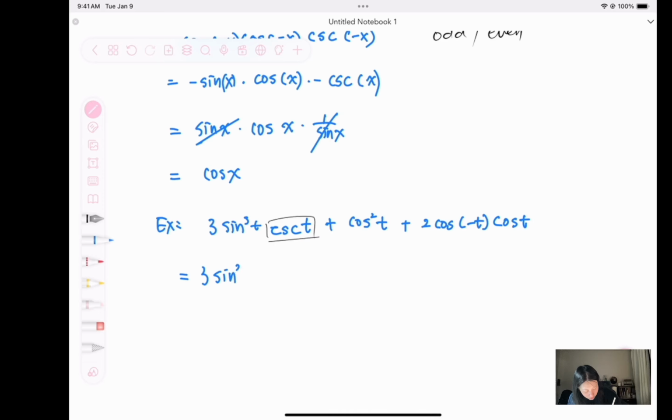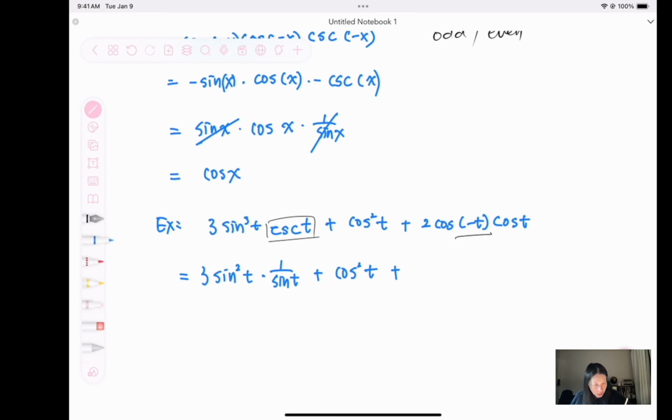So cosecant is equal to 1 over sine. Okay, now this is a little bit simplified. And then I have a cosine square, plus you see the negative. What did I say earlier? If you see the negative, the first thing is you want to take the negative sign outside by using the odd and even function.